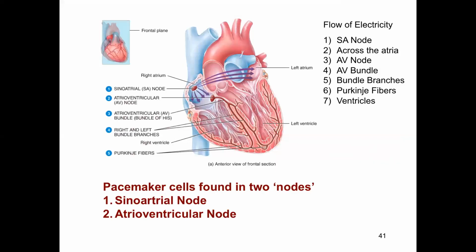And I had showed you videos of how these guys can contract all on their own. They don't need a nervous connection to do so. Now, these are clustered into two areas of the heart called nodes. One of the nodes is called the SA node or the sinoatrial node, and the other one is the AV node or the atrioventricular node.